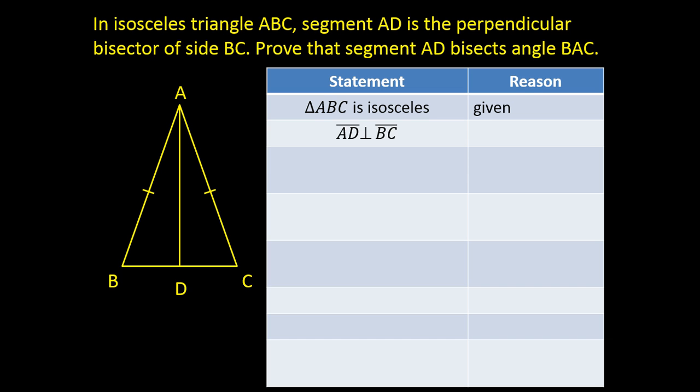Now we were also told that segment AD is the perpendicular bisector of side BC. So that means we were told that segment AD is perpendicular to segment BC.